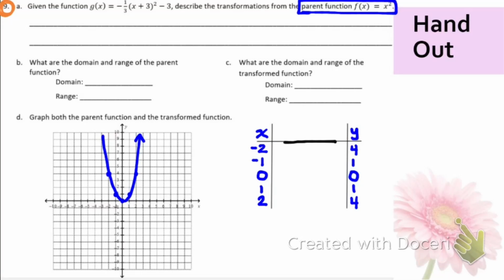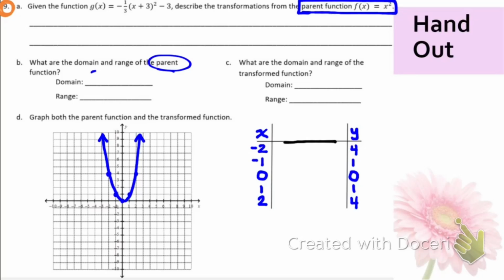We substitute into the parent function. Parent function said take the x's and square them. This is the same parent. The parent for my quadratic always stays the same. Parents can have lots of kids, but they are still the parent. What is the domain for this?